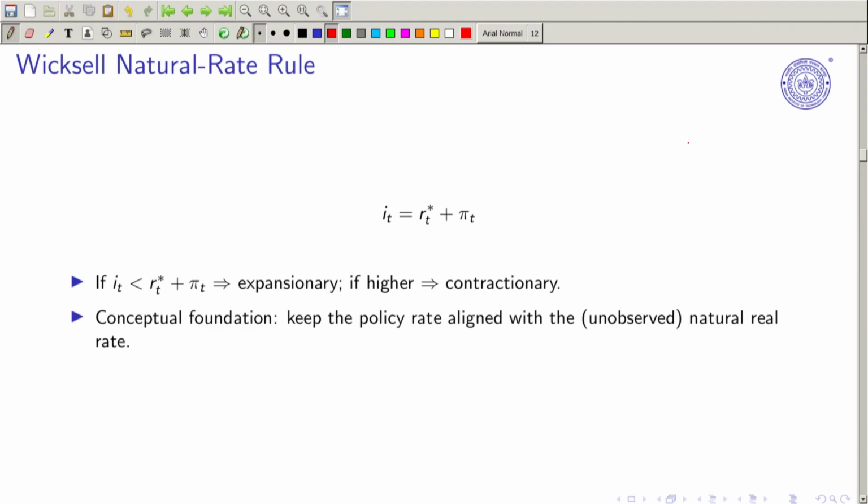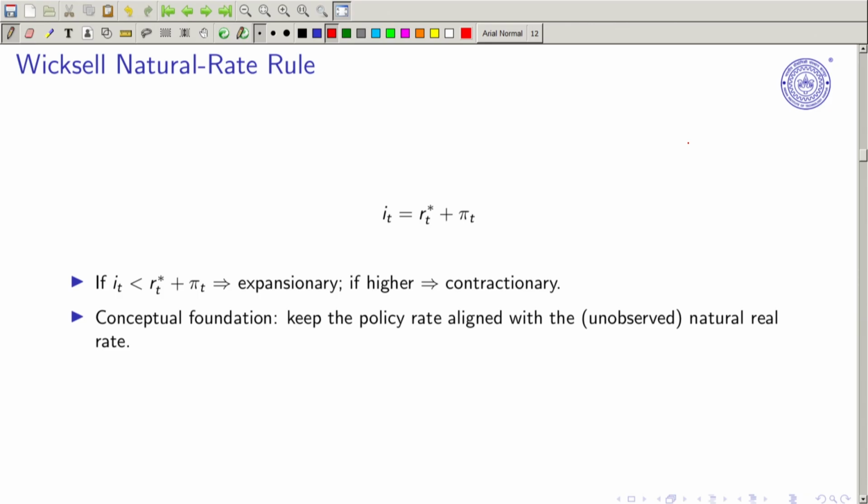What he mentioned is that your nominal interest rate is nothing but the real interest rate plus the current inflation. So this was the idea. And he mentioned that if the nominal interest rate is less than the real interest rate plus inflation, then we will have to go for an expansionary kind of policy, right? And if it is higher, then we'll have to go for a contractionary one.